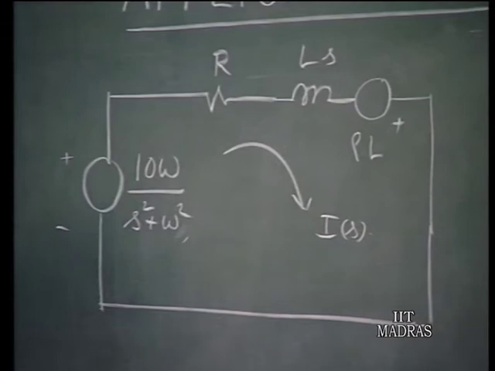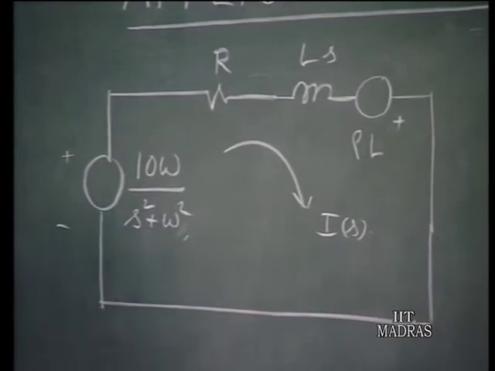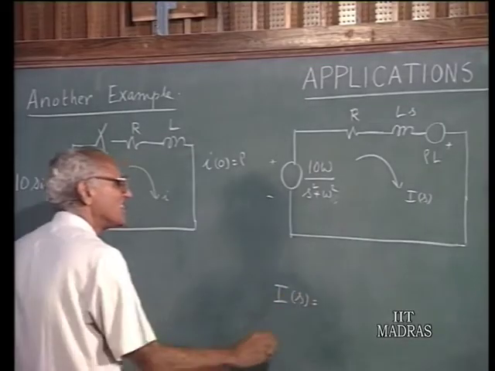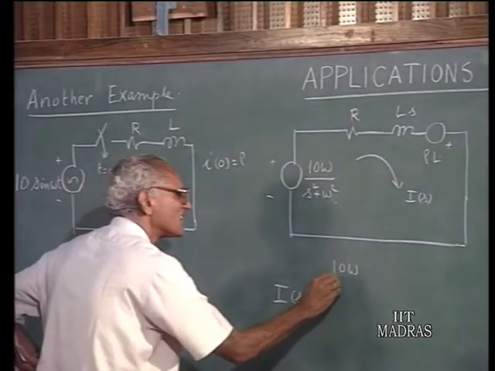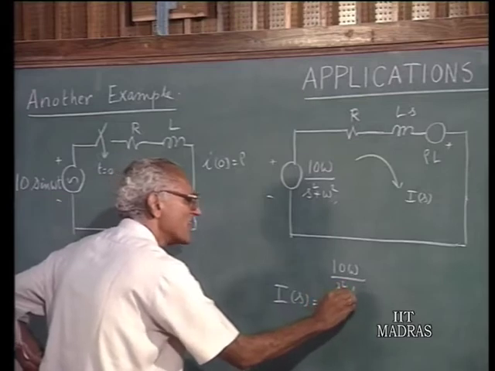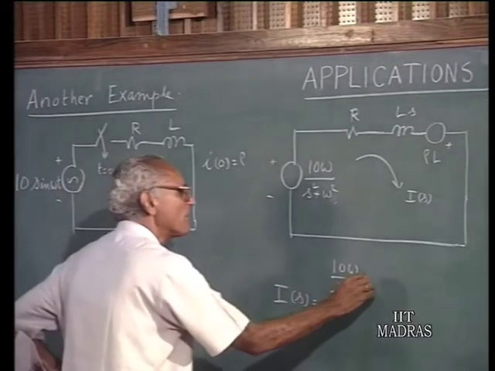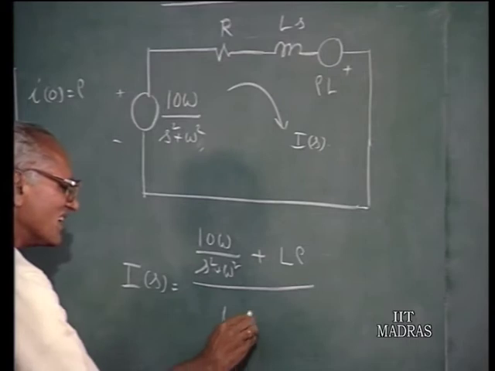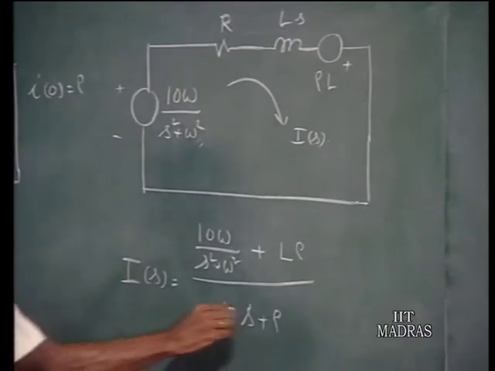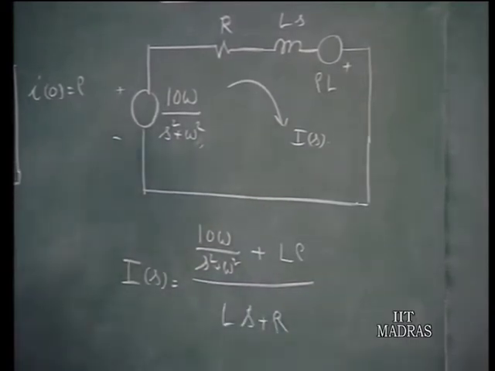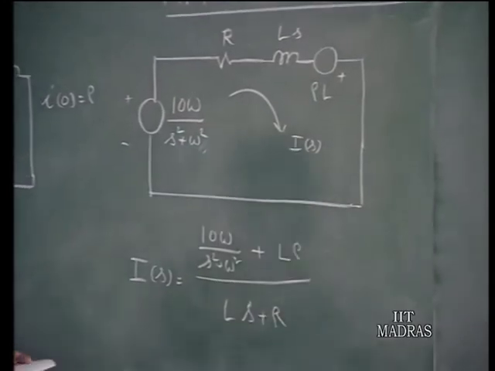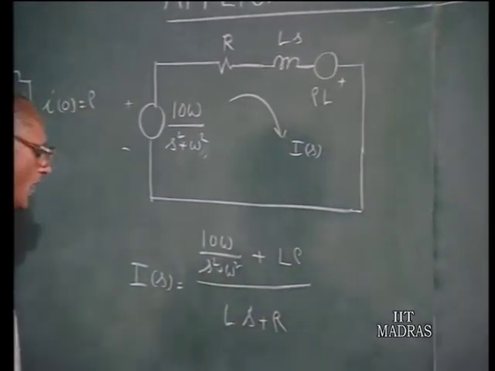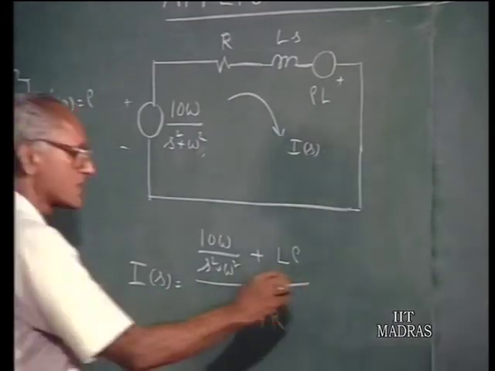After all, this is a simple single loop circuit, therefore I(s) can be written as 10 omega over s squared plus omega squared plus L rho, that is the total driving voltage in that loop, divided by Ls plus R, that is the total impedance in the circuit. Now, you have to make the partial fraction expansion for this.